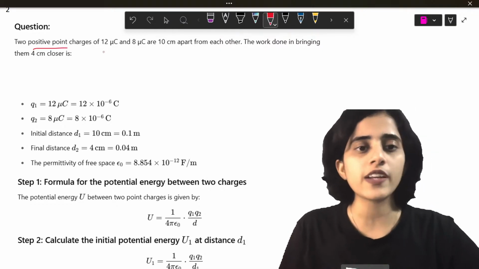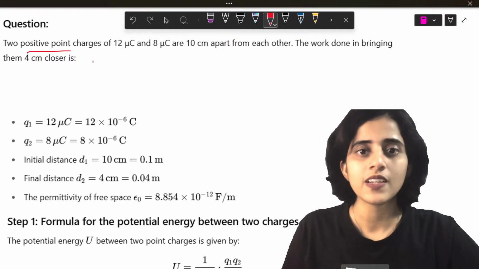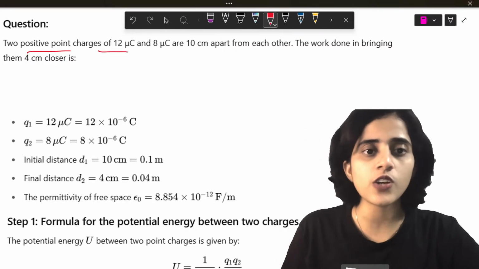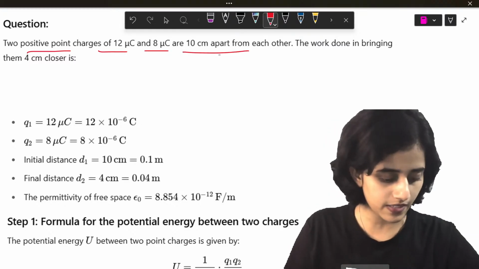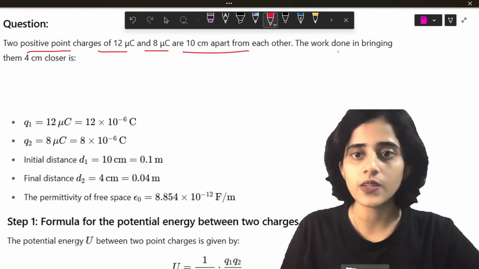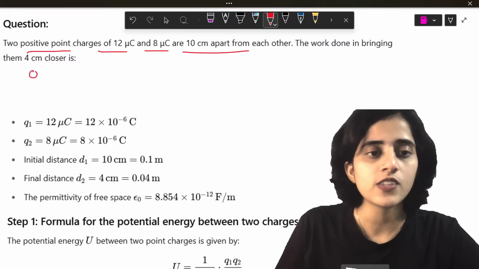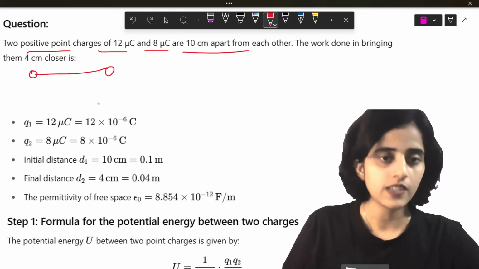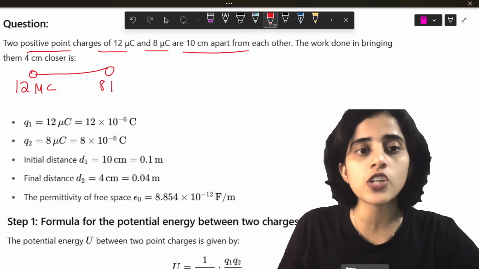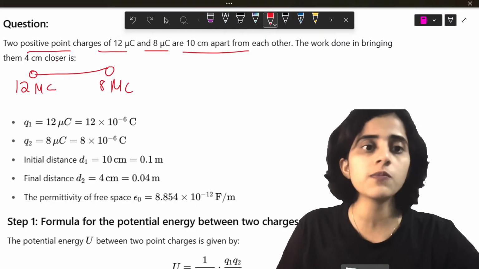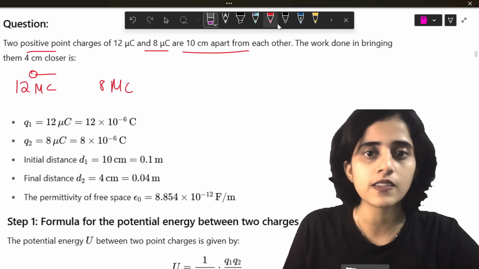Two positive point charges of 12 microcoulomb and 8 microcoulomb are 10 centimeter apart. The work done in bringing them 4 centimeter closer is, so you have two charges. One charge is 12 microcoulomb, the other charge is 8 microcoulomb, and they are 10 centimeter apart.